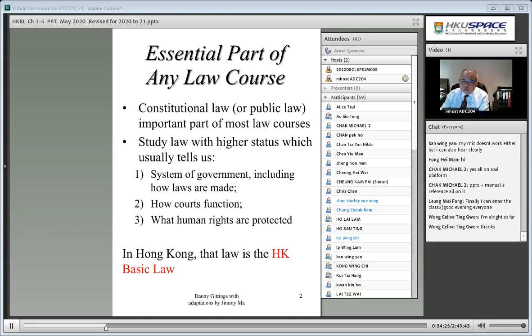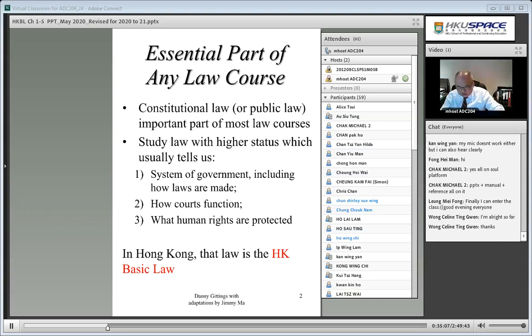So back to the content of this slide, you will see we don't call this constitutional law, nor public law, but in effect, this would be the Basic Law. Because of the nature of this legal document, it will definitely be covered if there was a subject called constitutional law or public law. And the nature of this law is such that it enjoys a higher status than other laws in Hong Kong.